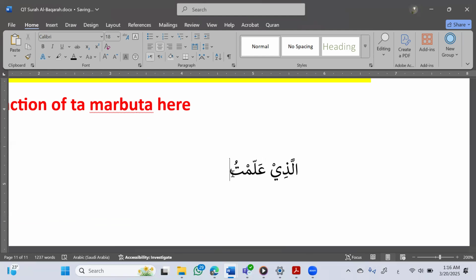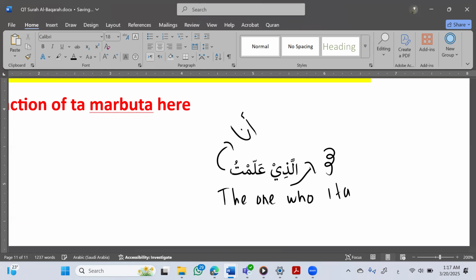So if it is mismatch, we have to pull out the pronoun. How to translate this? The one who I taught. Oh, so my concept is not correct then. Meaning, if it is mismatch, we have to pull out the pronoun inside the silah, not inside alladhi. Oh, okay, here I got it wrong.